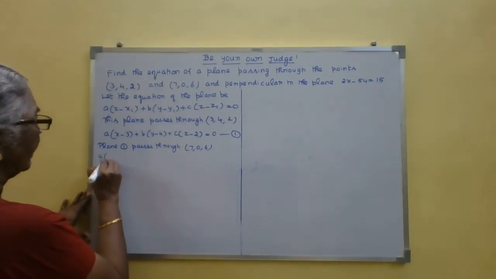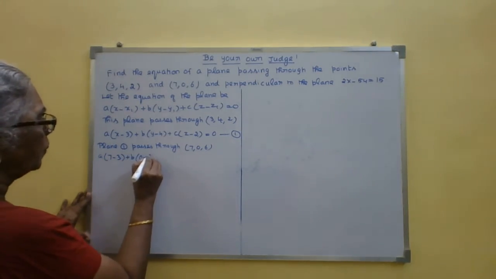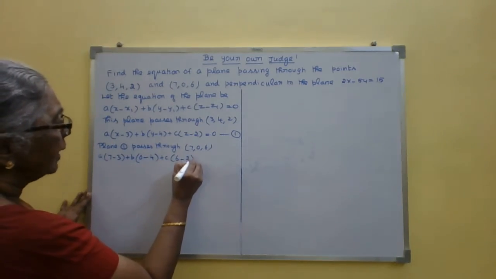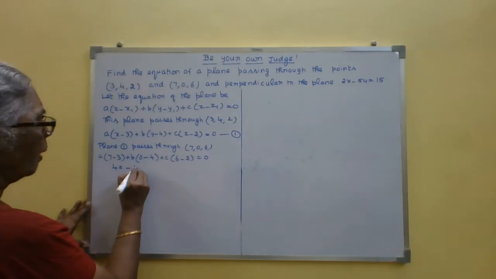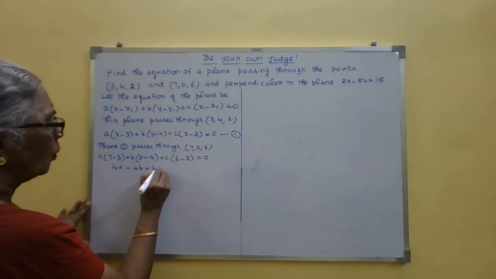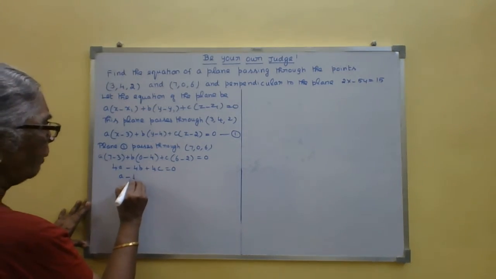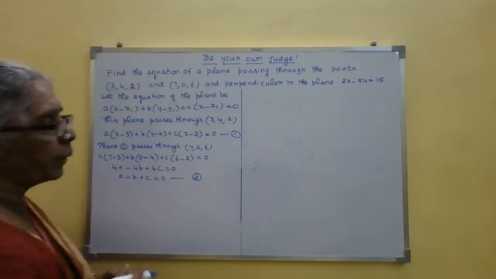So now you will get a into 7 minus 3 plus b into 0 minus 4 plus c into 6 minus 2 is equal to 0. That gives you 4a minus 4b plus 4c is equal to 0. 4 is common, you take it out. So a minus b plus c is equal to 0. Mark it as equation 2.